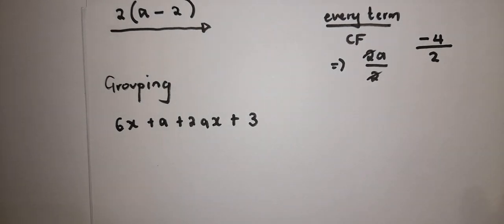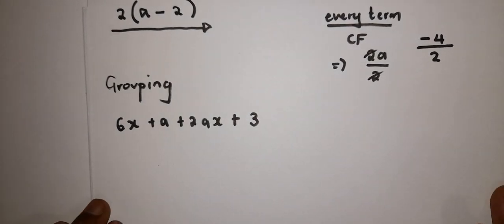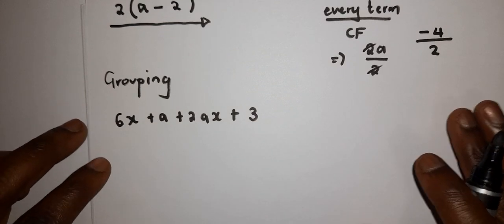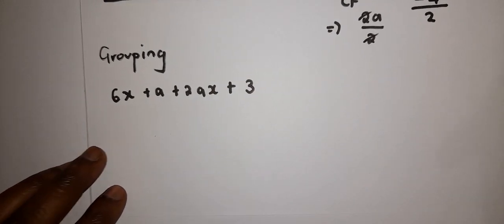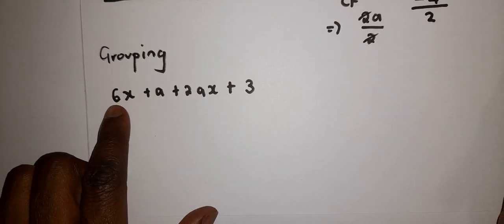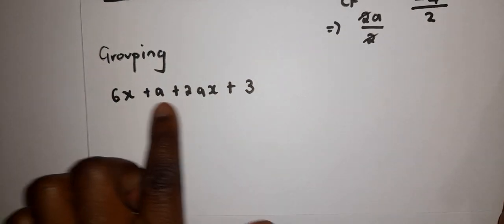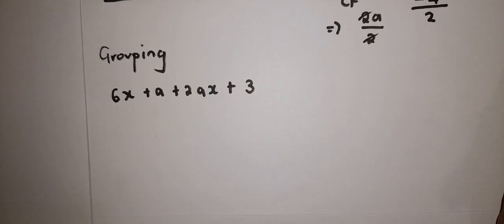Right, so a skill that one needs for this type of tool is to check if maybe I can take out the common factor, which fails. I have a 6, an a, a 2, a 3, so there's definitely not a common factor. So the next one that one can consider is grouping. Can I group my terms so that I can have maybe a common factor?